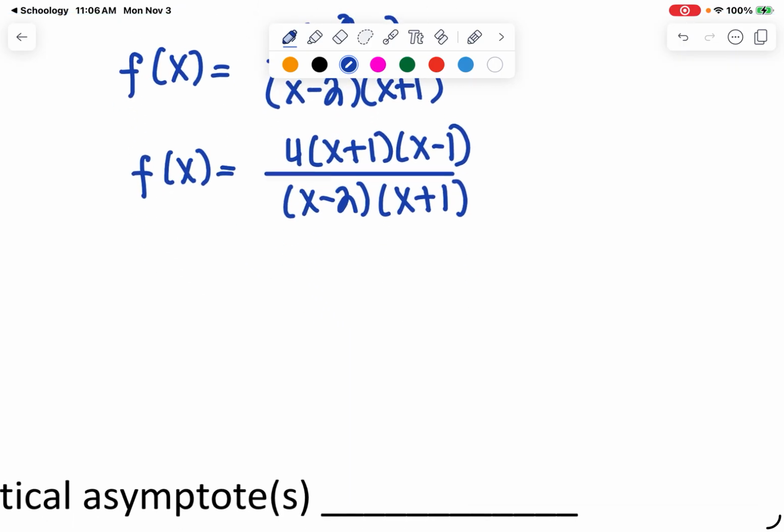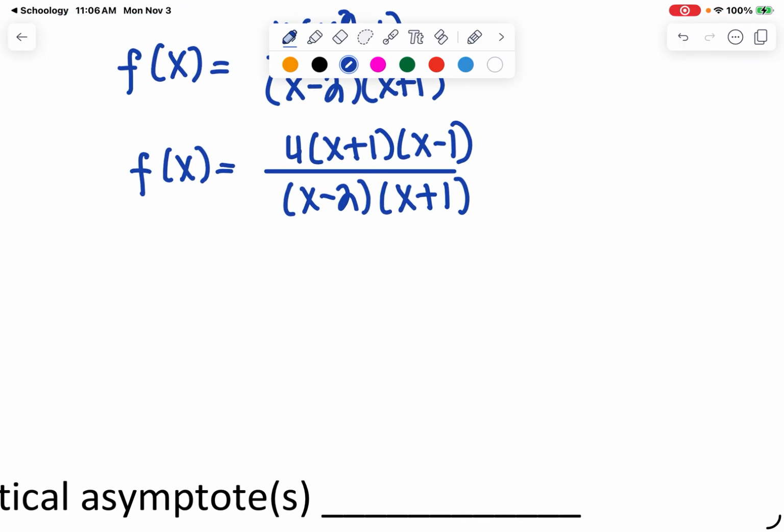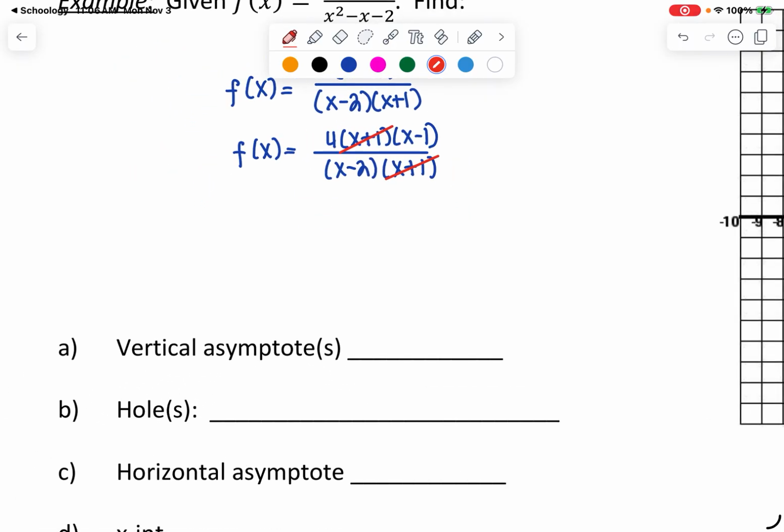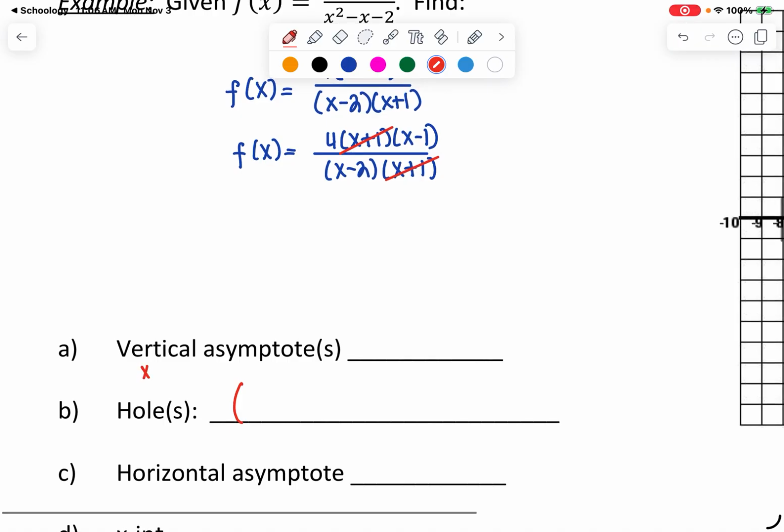All right, so now I'm going to look to see if this is simplifiable. If there is any common factor from the numerator to denominator, it's simplifiable, and that means there is a hole in the graph, okay? Where is there a hole in the graph? The hole is located at, if you set that factor that you just canceled out equal to 0 and solve, so set x plus 1 equal to 0 and solve, you get x equals negative 1.